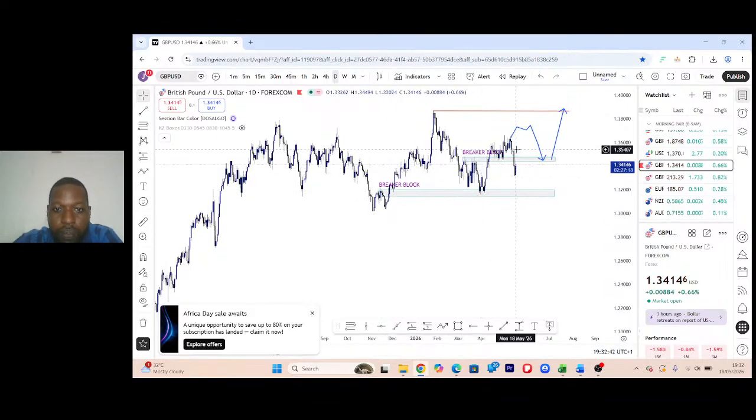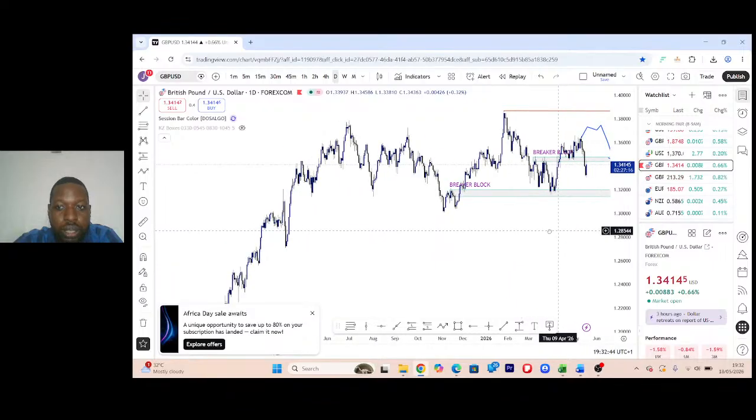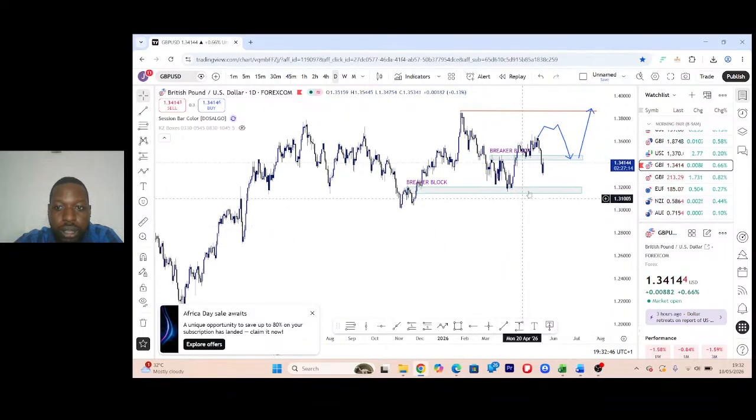Definitely, from all indications, we can see that price is actually on the sell side. Price is actually going to sell to this area before it finally goes up.